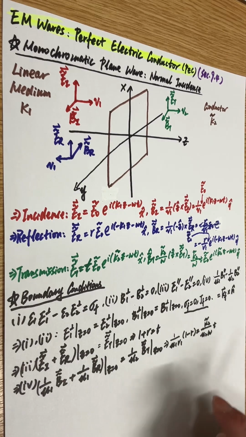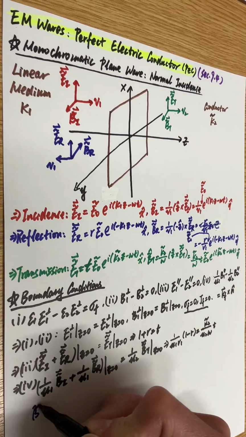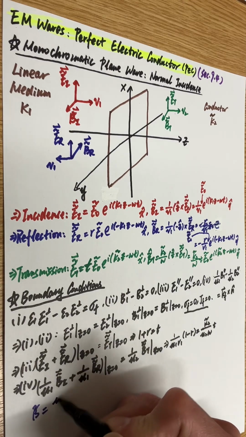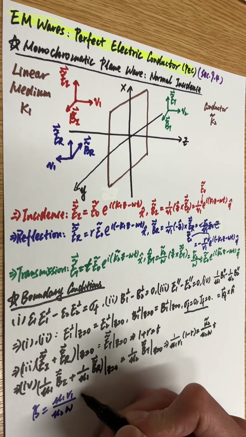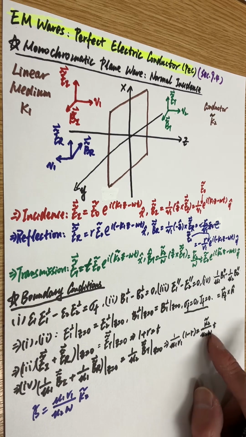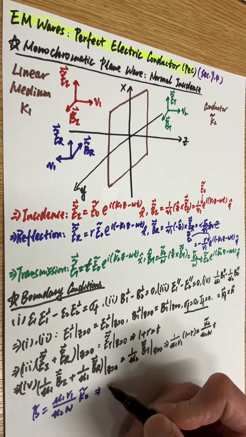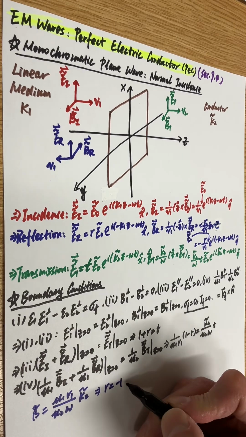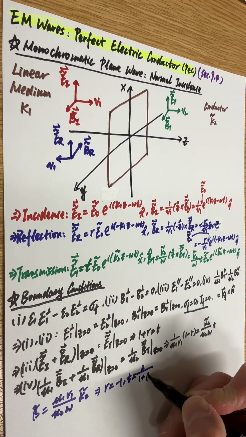Based on these two, we would have expressions for R and T. So if we define complex beta equal to mu1 V1 divided by mu2 omega, multiplied by kappa 2, then here we have 1 minus R equals beta T, and here we have 1 plus R equals T. So this would give us R equals -1 and T equals 2 divided by 1 plus complex beta.